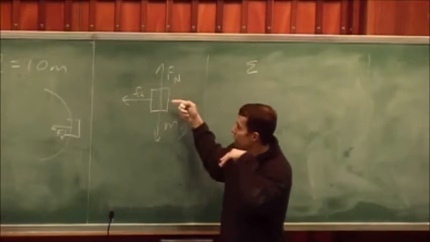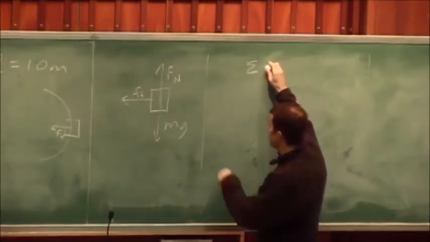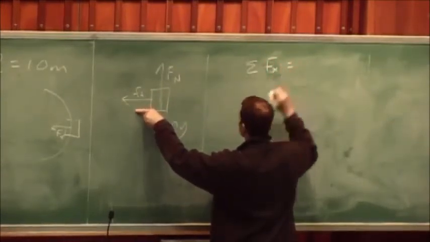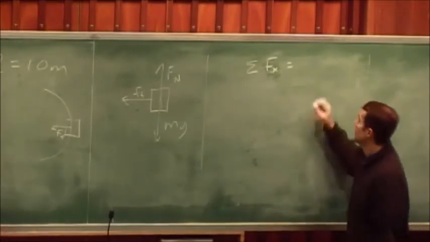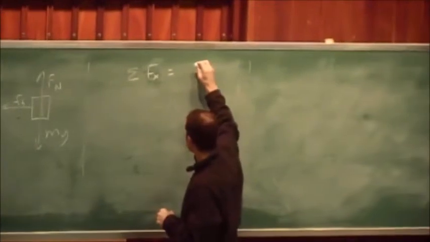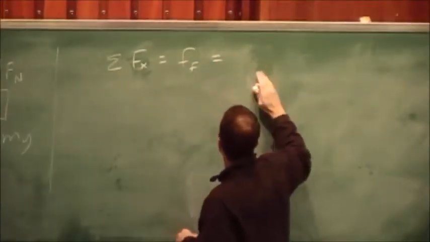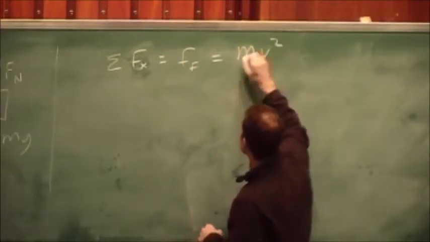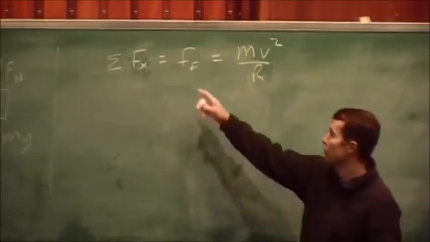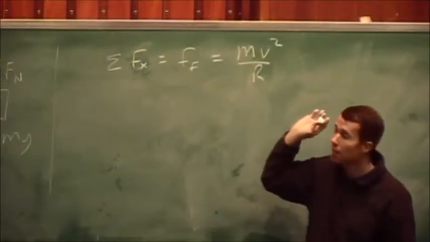The frictional force is going in this particular direction. So now I'm going to sum the forces in the x direction. The sum of the forces in the x direction is f of x, and that's going to be equal to mv squared over r, because it's undergoing centripetal motion. The sum of the forces is equal to ma, and a is circular motion, so I get mv squared over r.